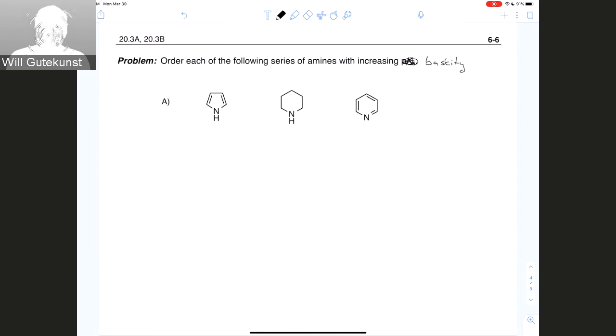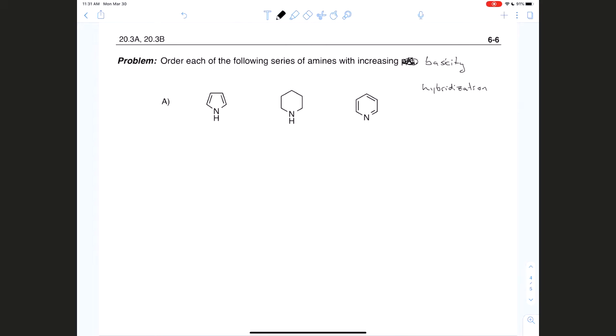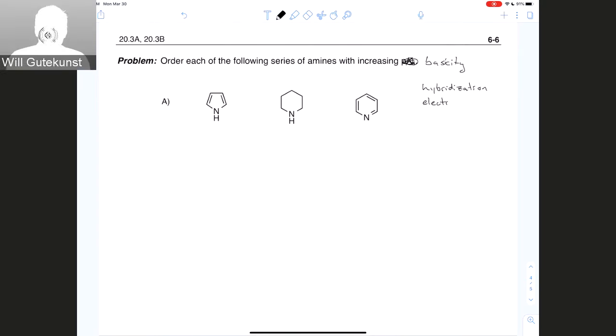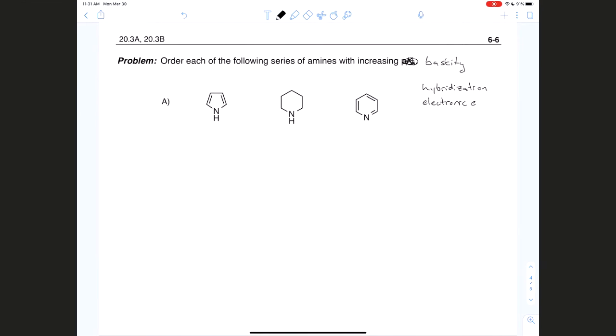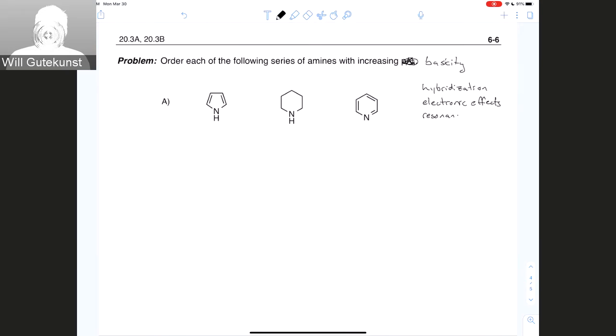And the factors we want to think about that contribute to both nucleophilicity and basicity frequently will be things like hybridization, different maybe electronic effects, or potentially resonance effects, with the most substantial resonance effect being aromaticity.